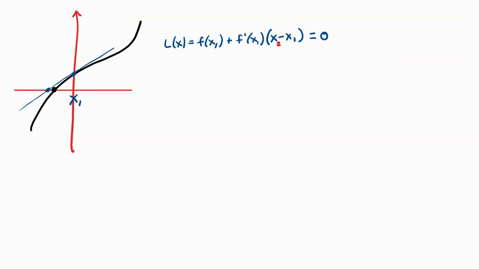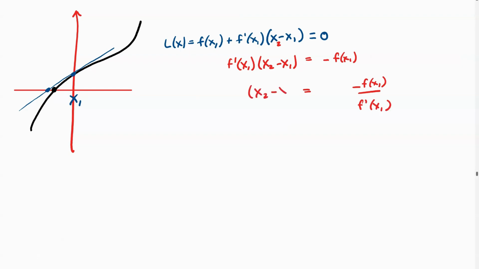Well, let's go ahead and try to solve for x2. We'll take f of x sub 1 over to the other side. So we get negative f of x sub 1 is equal to f prime x sub 1 times x sub 2 minus x1. Let's divide both sides by f prime. So I get negative f of x sub 1 over f prime x sub 1, and that's equal to x sub 2 minus x sub 1. And then let's add x sub 1 to both sides. So there we have it.